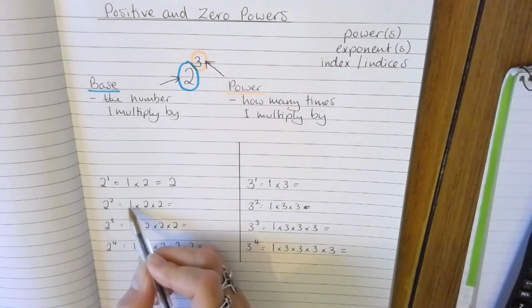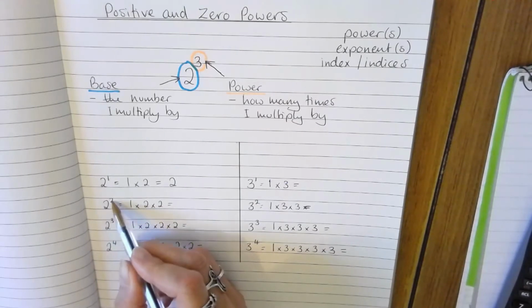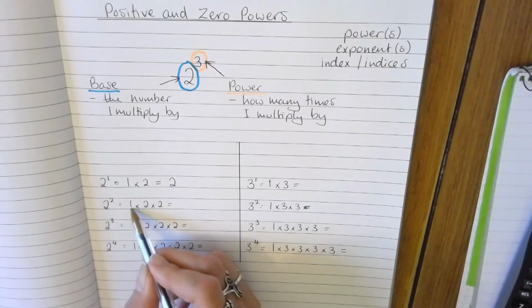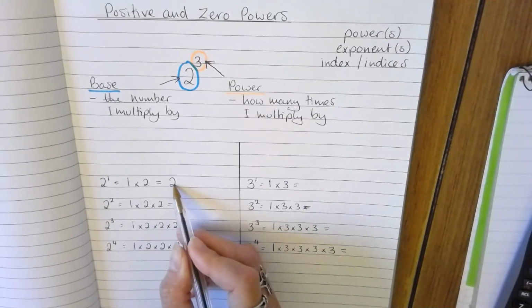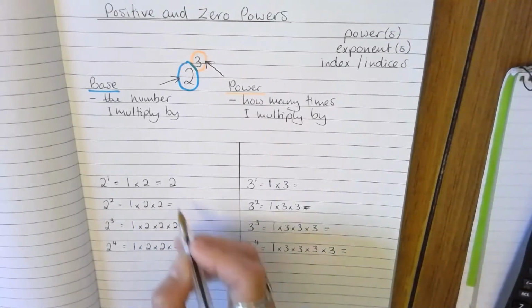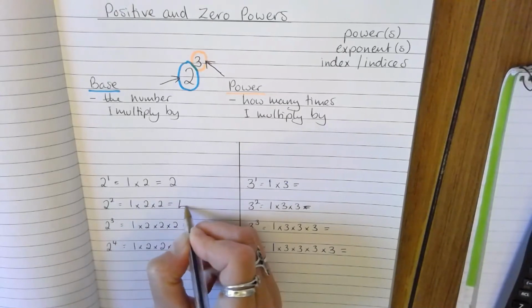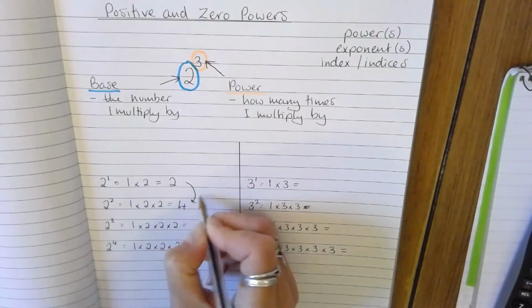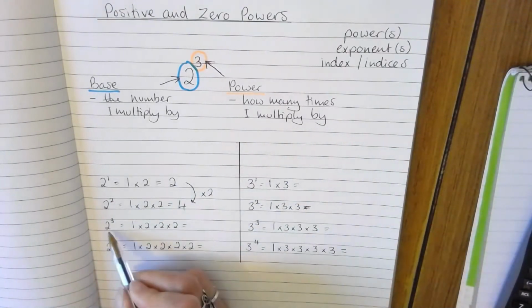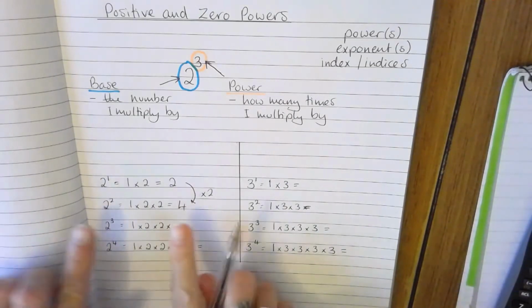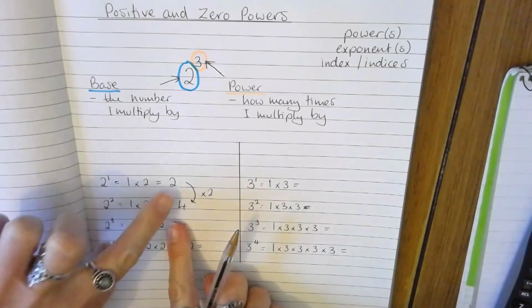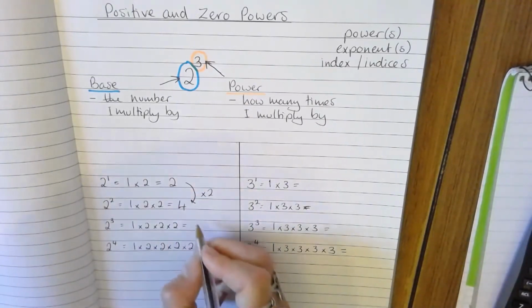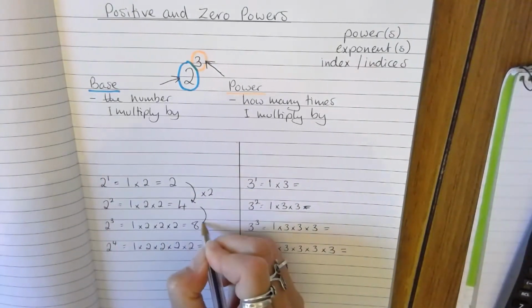If I take my unit and multiply it by 2 twice, so 1 times 2 times 2, well, I already have 1 times 2 here, I know that's 2, so I just multiply by 2 and get 4. 2 to the power of 3, well, I already know what 2 to the power of 2 is, which is 4. I just multiply by 2 again and get 8.